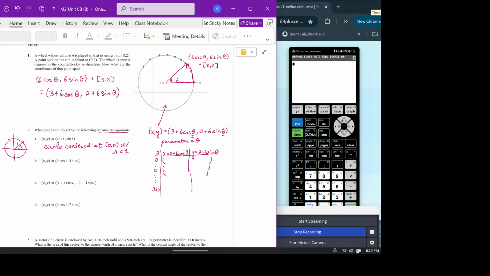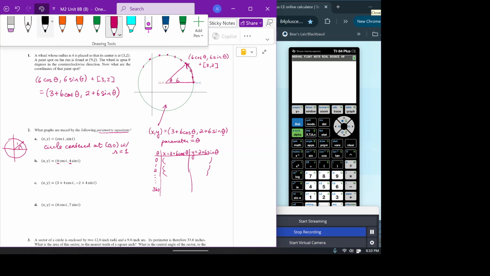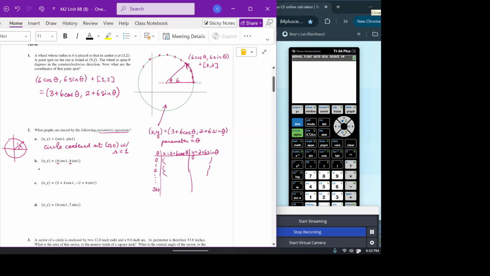In the second one, it's really the same thing, except notice it's been scaled out by a magnitude of 4. So really what we're doing here is this is going to be a circle centered at 0, 0 with radius equaling 4.